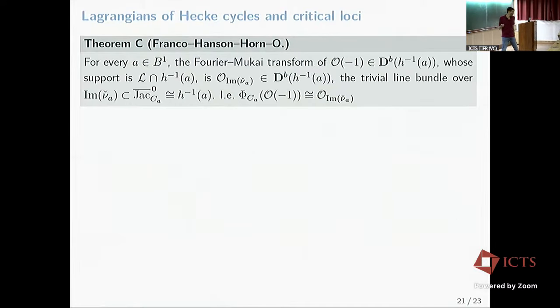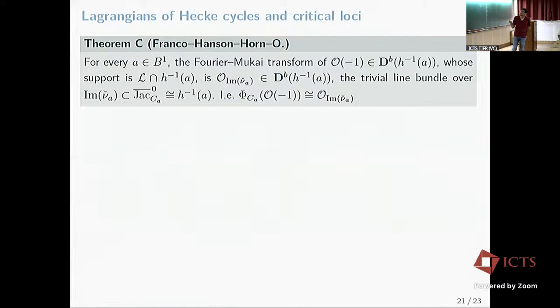So in other words, what we just saw is that the Fourier-Mukai transform of this sheaf supported in our Lagrangian over a fiber is the trivial sheaf, also a sheaf inside the fiber. And it's the trivial line bundle over this image.